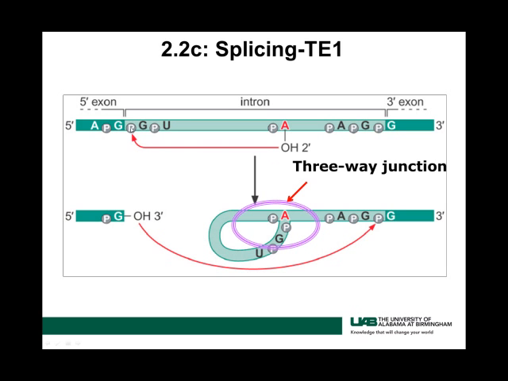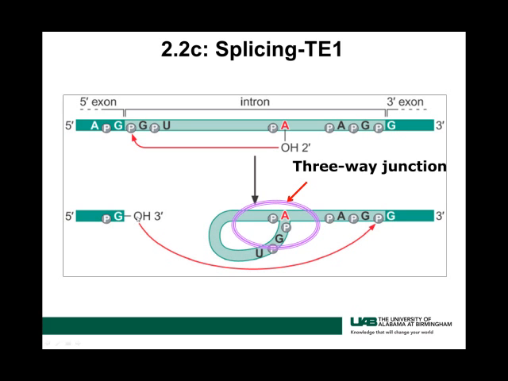So the phosphate group exists in a phosphodiester bond with the 2' OH on the ribose sugar of the branch point adenine. This breaks this bond, forming a new bond right here. This forms what we call a lariat right here. A lariat is sort of like a lasso, and that's the first trans-esterification reaction that occurs.